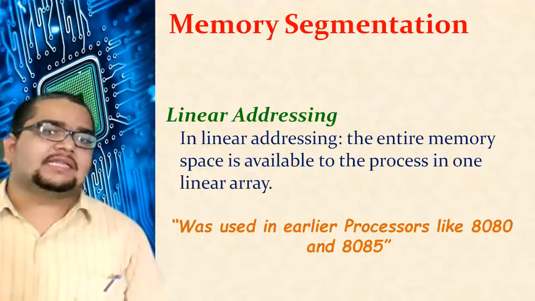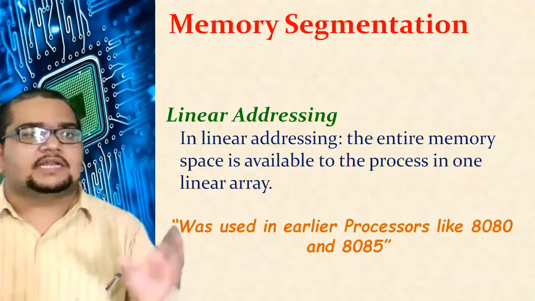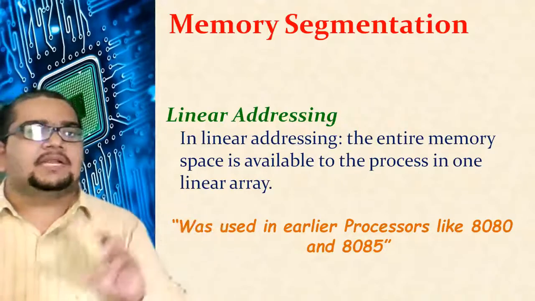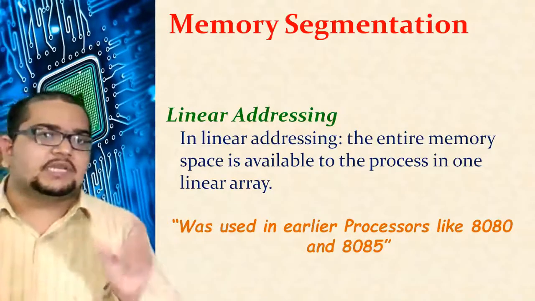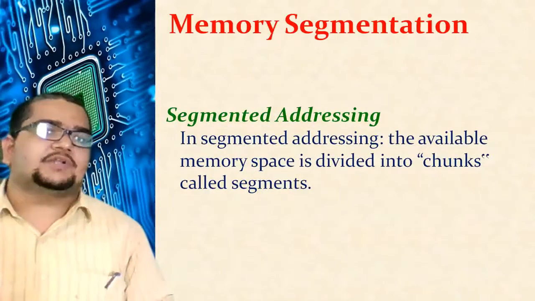So it had that capacity and that addressing feature, that it was able to address a complete location in a single go. But that facility is not available in 8086.